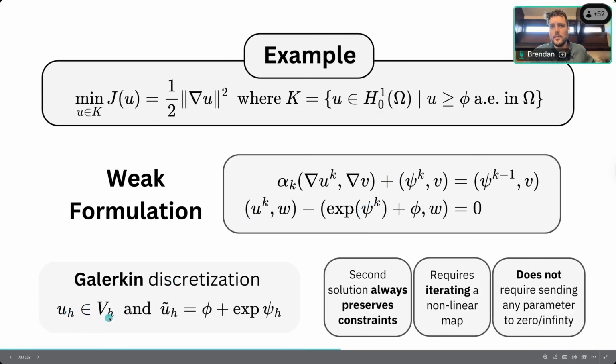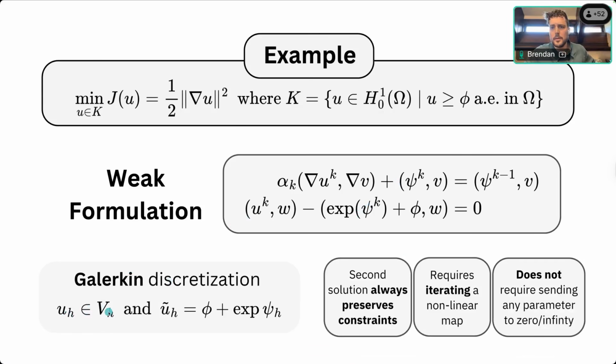You get one u_h that's in a standard finite element space, piecewise polynomial, but you get a second variable, and this is non-standard. And that just comes from looking at this part of the equation. Phi plus the exponential of psi is another approximation to u. And this one will always be bound preserving, no matter how high order you go.